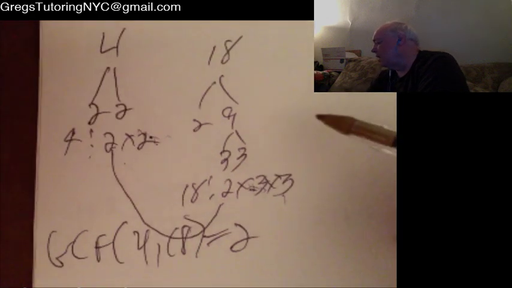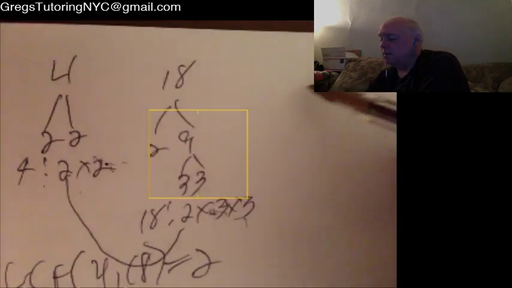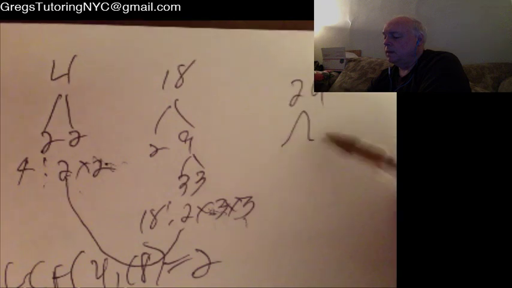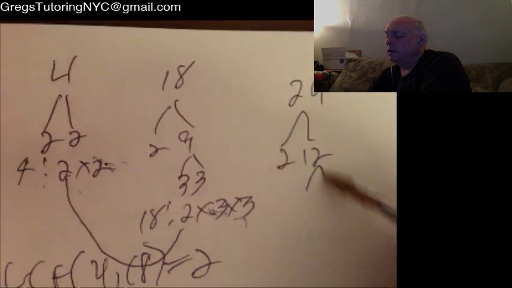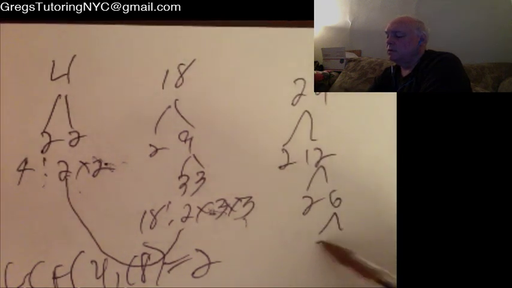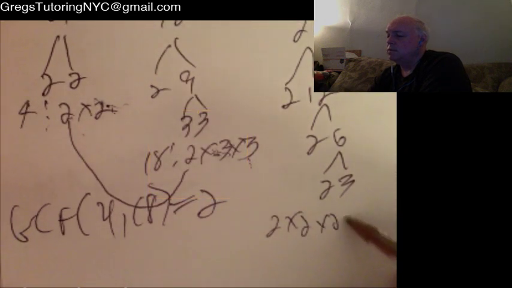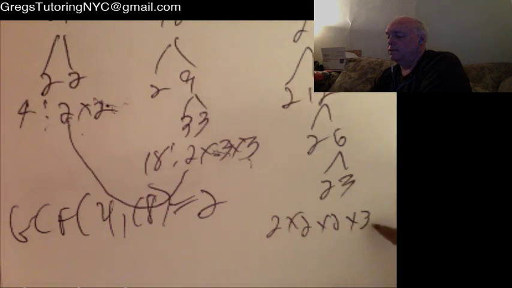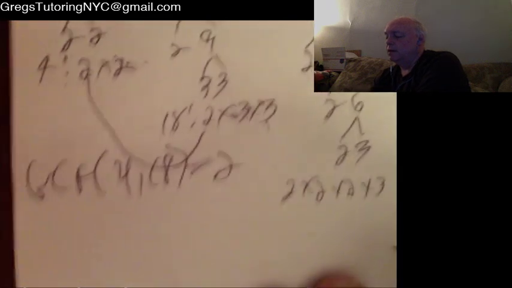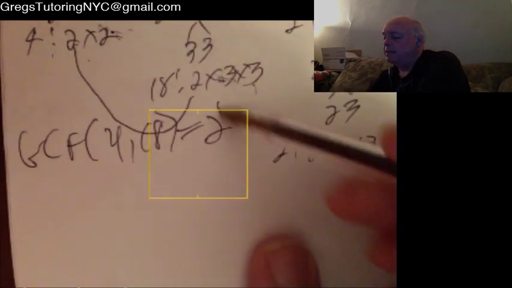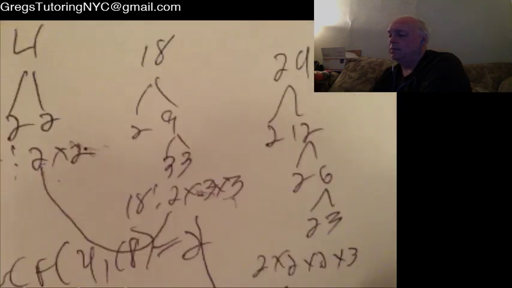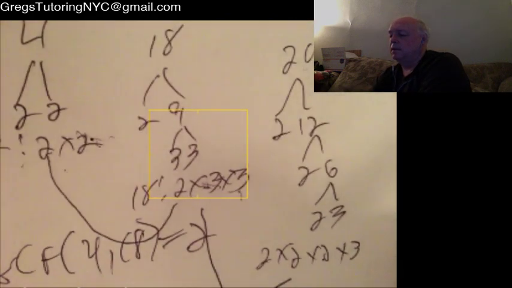If I bring along another number like 24, I'm going to get 2 and 12, 2 and 6, 2 and 3. So here I get 2 times 2 times 2 times 3. Let me just double check: 6, 12, 24, yes. Now if we compare 18 and 24, let's get them both on the screen at the same time.